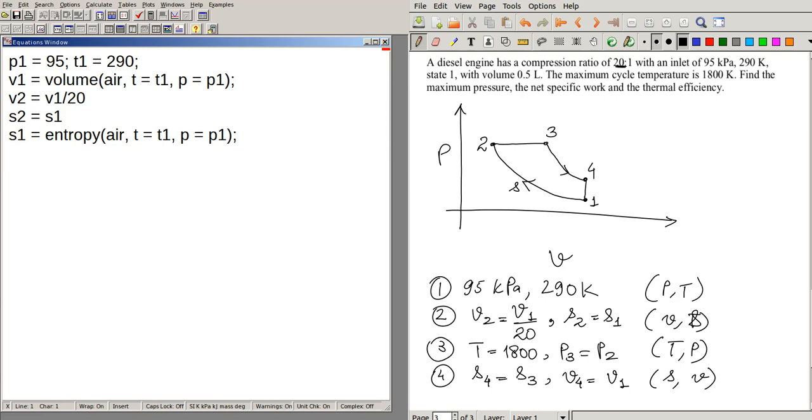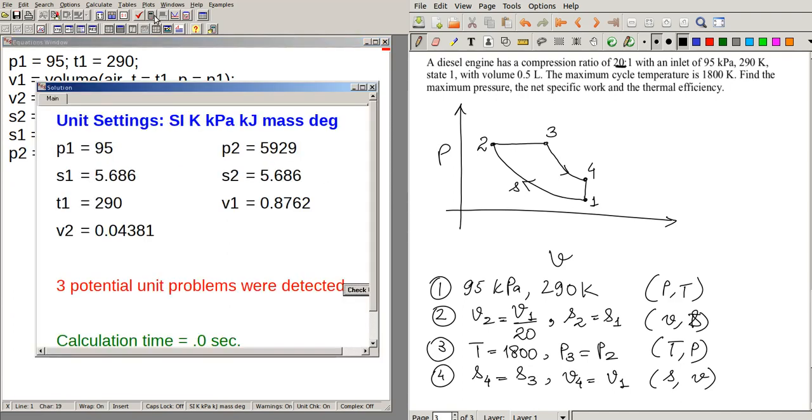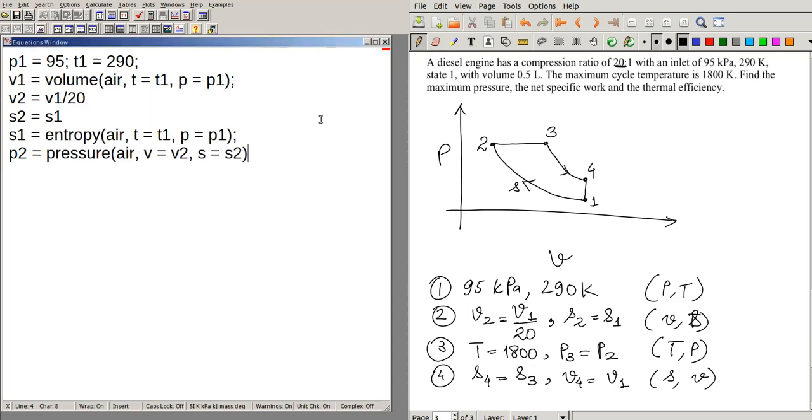So now with the help of S2 and V2 we can find out P2. P2 is the pressure of air at V equal to V2 and S equal to S2. So let's see what the pressure is. The pressure comes out to be approximately 5.9 megapascal. That's a lot of pressure.